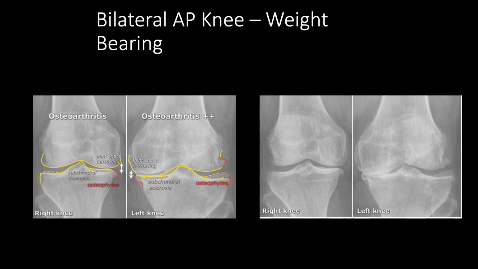So you see a lot of subchondral sclerosis, a whitening of this edge here. You see decreased joint space. There's almost no joint space. There should be some nice joint spaces here, whereas here there's not in this medial compartment here. So it opens up the lateral compartment a little bit more. So you can kind of see how osteoarthritis is affecting the knee joint.